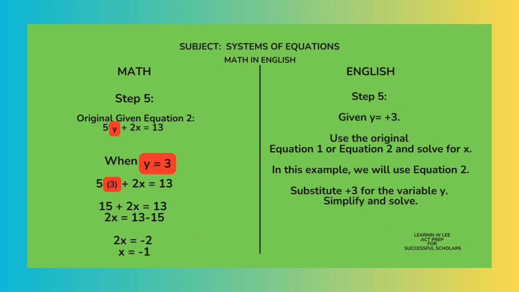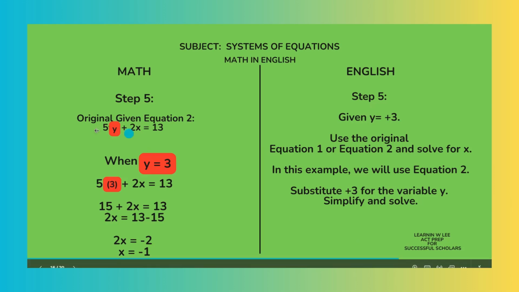Fantastic. So for step 5, now that our y is positive 3, we found that out, we're going to use one of the original equations, 1 or 2, and solve for x. You can choose whichever equation you would like. In this example, we will use equation 2.